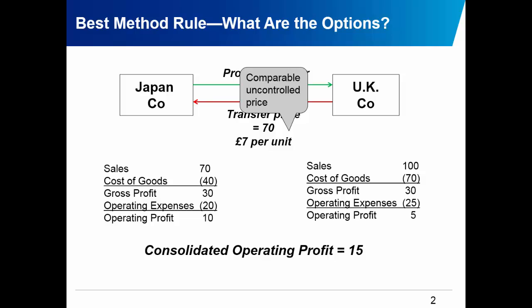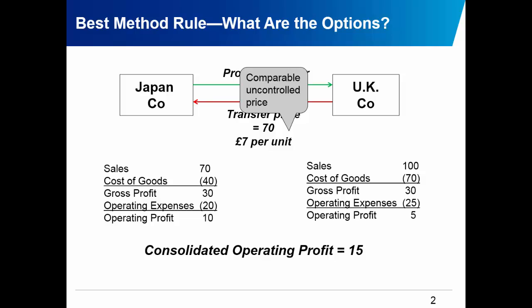As we said before, you have several options to determine whether the transaction is at arm's length or not. The most natural method that you have, the one which should come into your mind quite quickly, is the one we call comparable and controlled price. Why is it natural? It is simply because the idea of this method is to look at the specific transaction and say, okay, I have a Japanese company selling a specific product to a UK company.